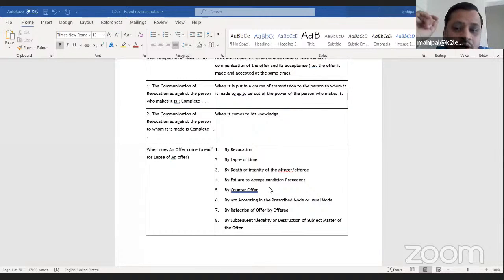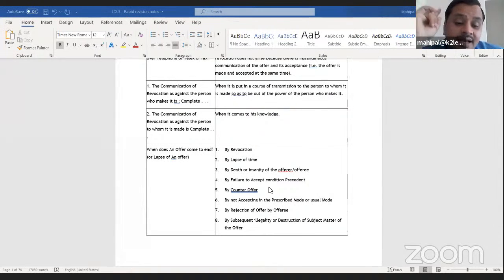Sir, what if a letter of acceptance and a letter of revocation arrive together? Again, an important foundation question. Let me frame the question. Mr. X wrote a letter of acceptance on 6th January and posted it.